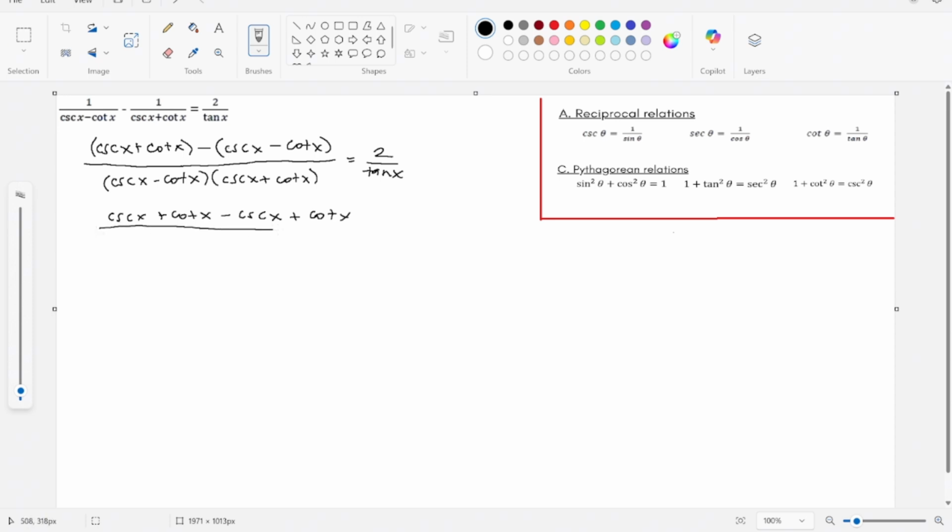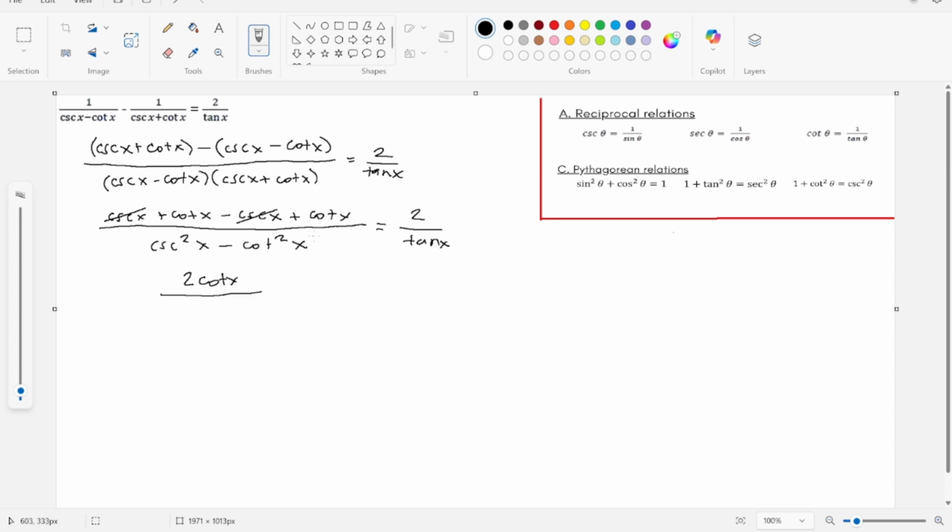Then, over the product of the denominator. As you can see, this is an example of difference of two squares. So, magiging cosecant to the second power of x minus cotangent to the second power of x. The entire expression is equal to 2 over tangent x. Next is, kung makikita nyo yung numerator, sa numerator, mayroon nang makakancel. May magma-minus. And then, we're left with 2 cotangent x.